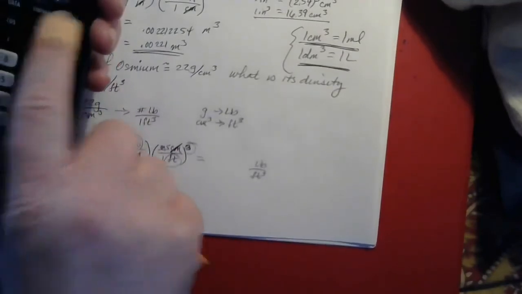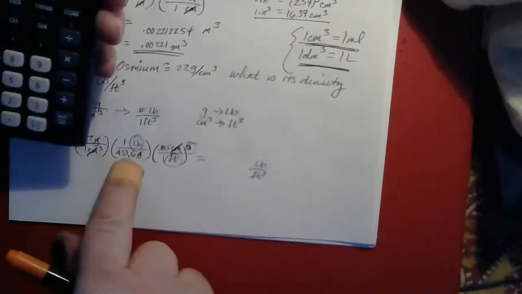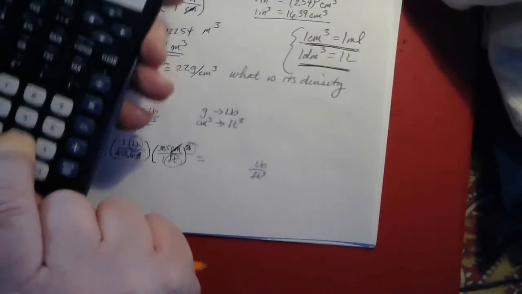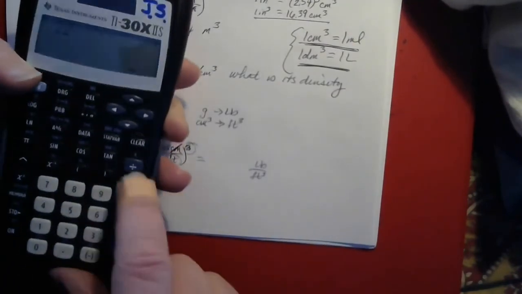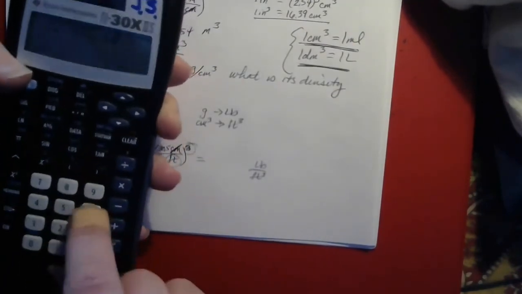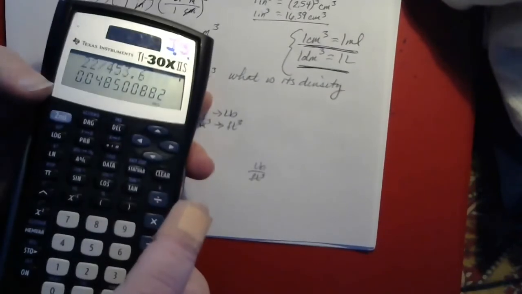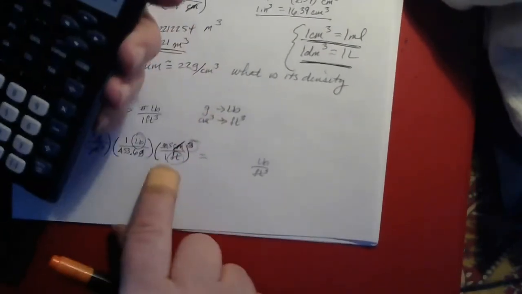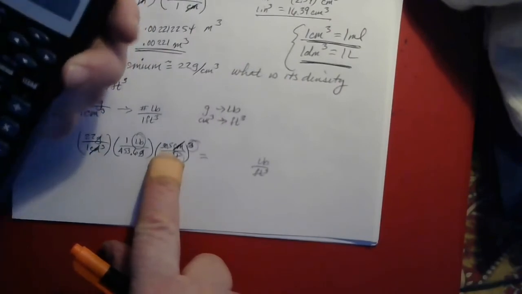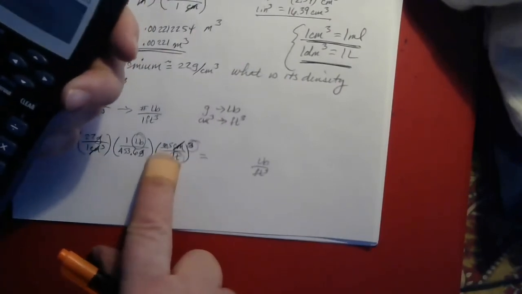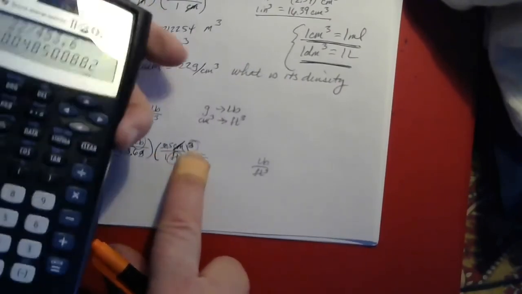Mathematically, all we need to do is take 22 divided by 453.6. And that equals this number. And then we need to multiply by 30.5 3 times, or 30.5 raised to the third power.